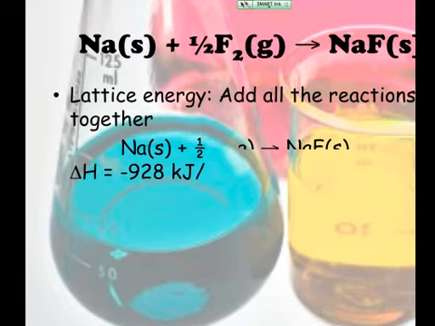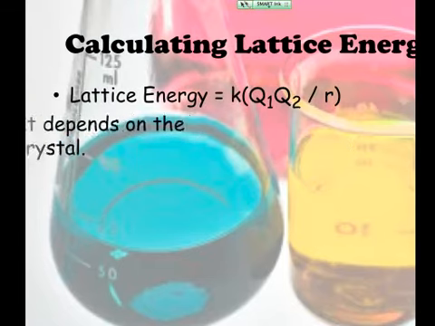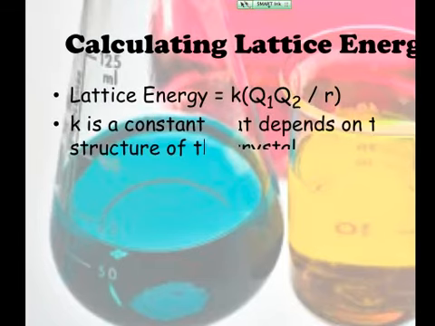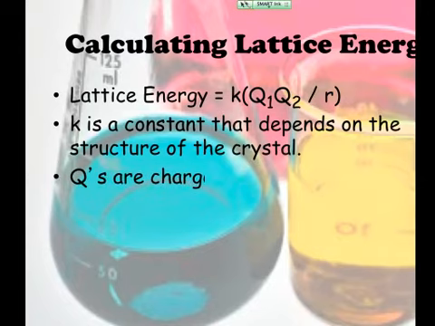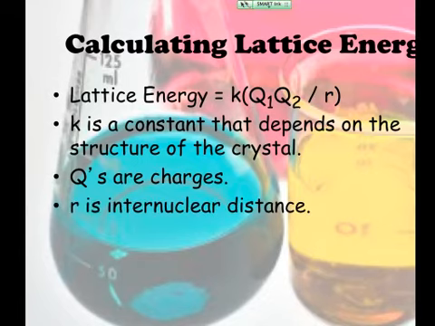Don't be lazy. So here's our lattice energy, where K is a constant that depends on the structure of the crystal. Q are charges. R is our internuclear distance, and that's going to depend on what kinds of ions there are.